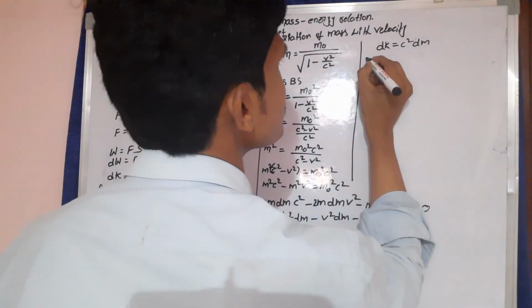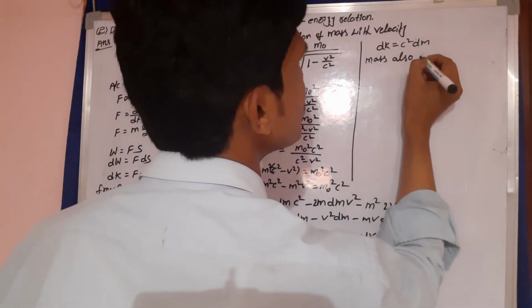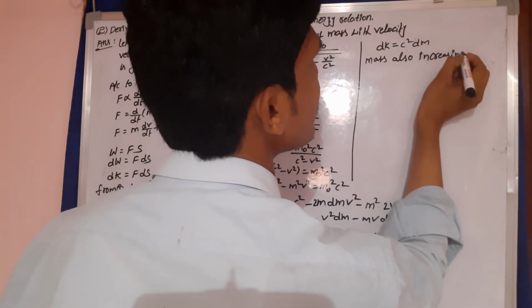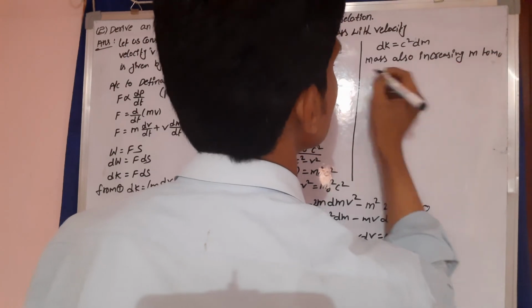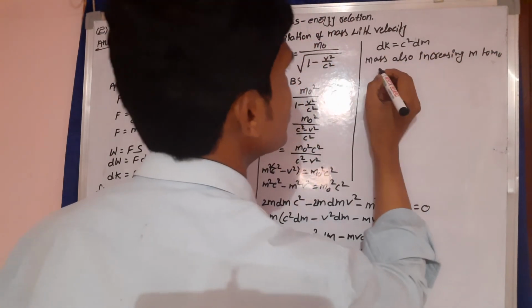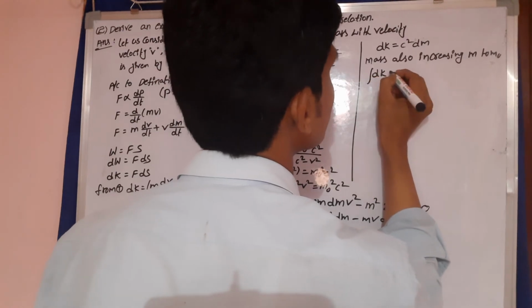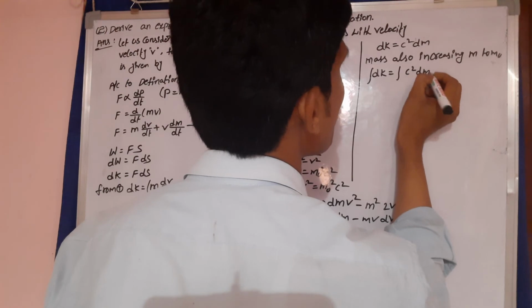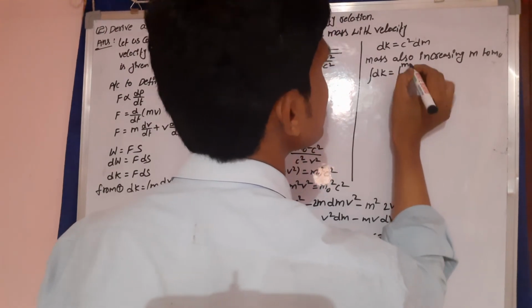So mass is also increasing from m naught to m. So applying integration on both sides, integral dK equals integral c square dm, from m naught as the lower limit to m as the upper limit.